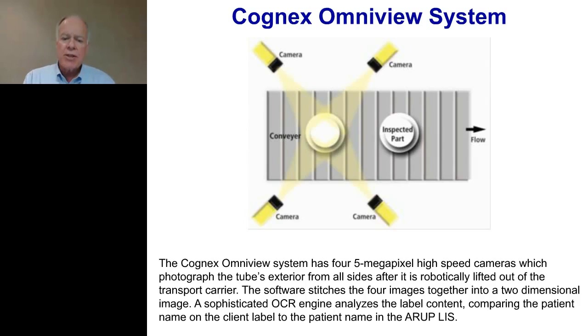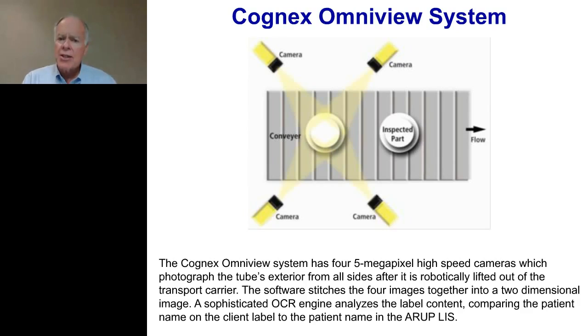So this is a little schematic simply showing a conveyor system with cylindrical objects moving down a conveyor, and here are 4 cameras, equidistantly spaced, and they're each aimed at the tube or the part, and then the system assembles the 4 photographs into a single photograph.